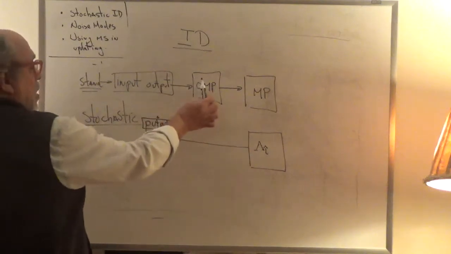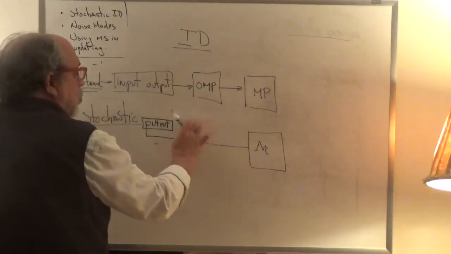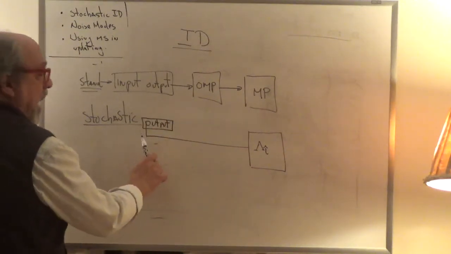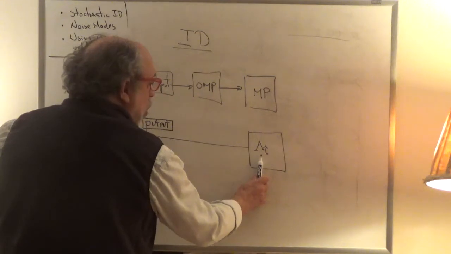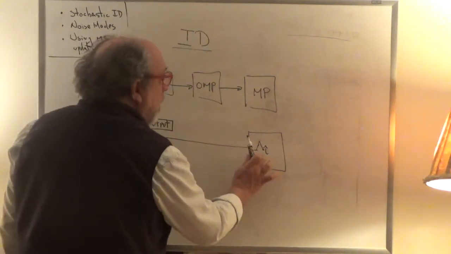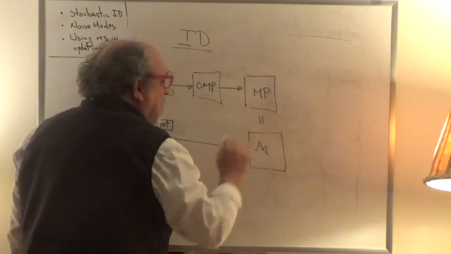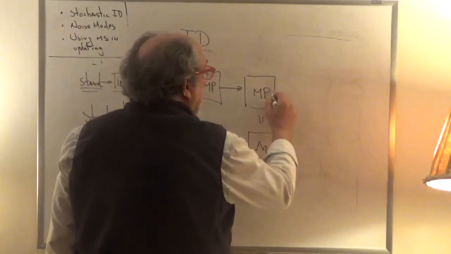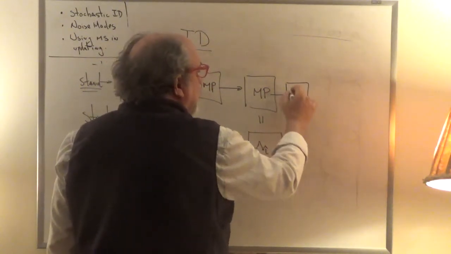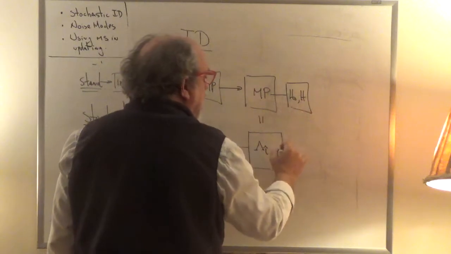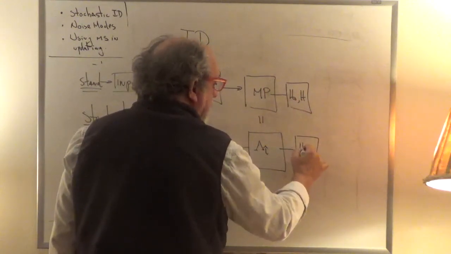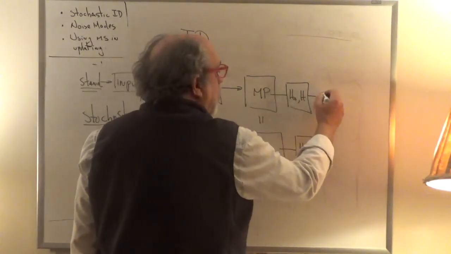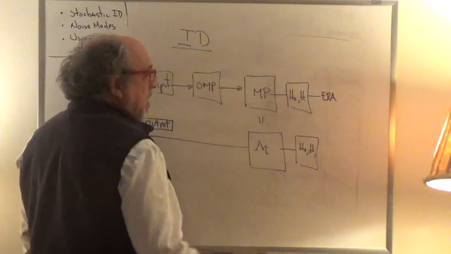There are no observer Markov parameters in the middle, plus a procedure to extract Markov parameters. From the output, we obtain the covariance function of the output, and that is treated as if it were Markov parameters. With those Markov parameters, we form the Hankel matrices H0 and H1. This is the same. And from those H0 and H1, we perform ERA to get A, B, C.